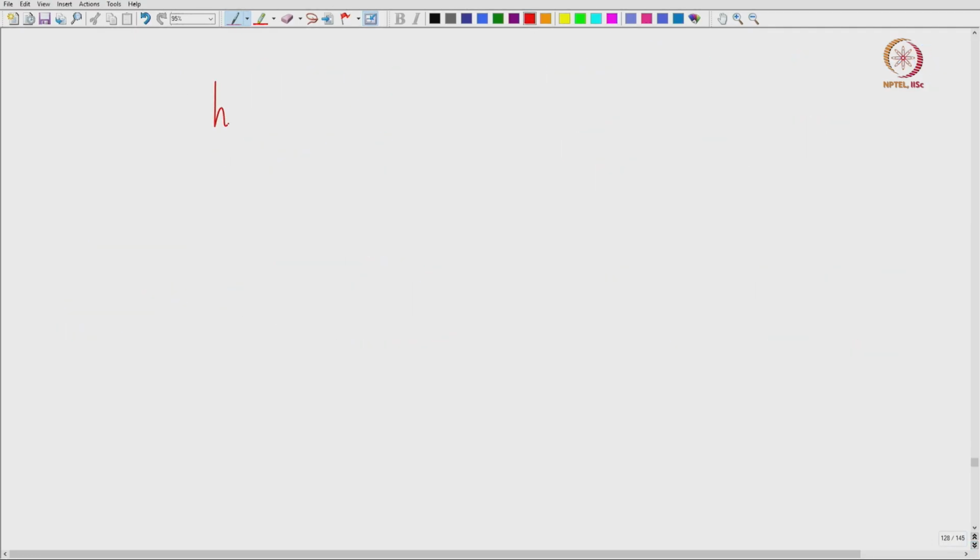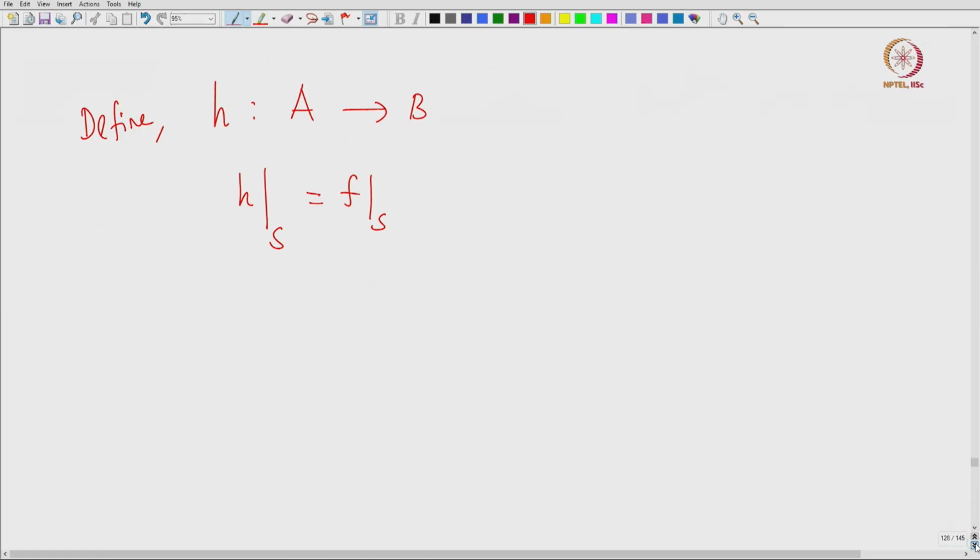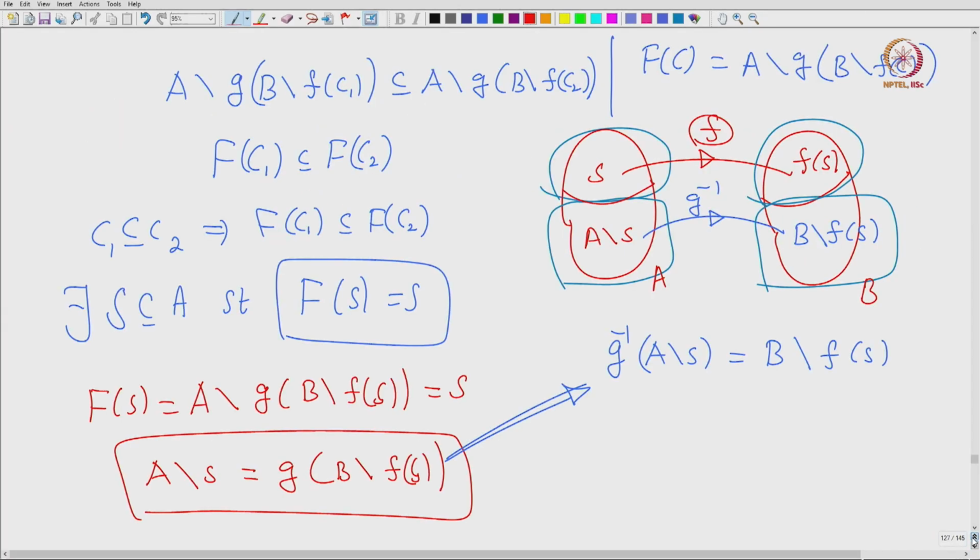You define this h, which is a function from A to B, where h restricted to S is exactly f restricted to S, and then you take h restricted to A difference S as G inverse restricted to A difference S, because the G inverse of A difference S is exactly equal to B difference f of S.